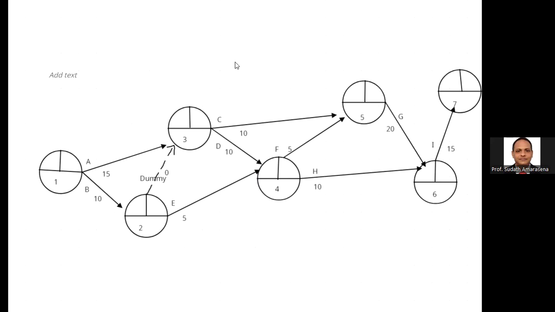The second method we call earliest starting time equal to latest completion time. Via that event, we can find the critical path. There are two methods. One is the longest path method. The second one is the early starting time and latest completion time method.